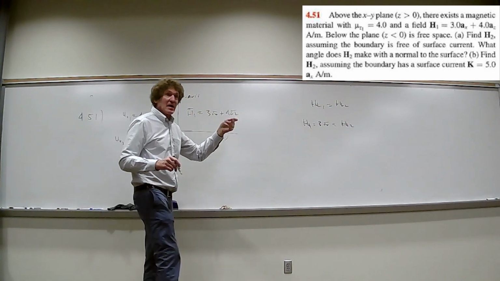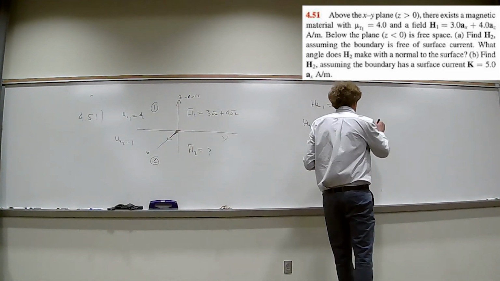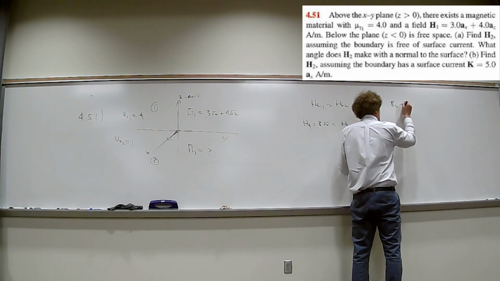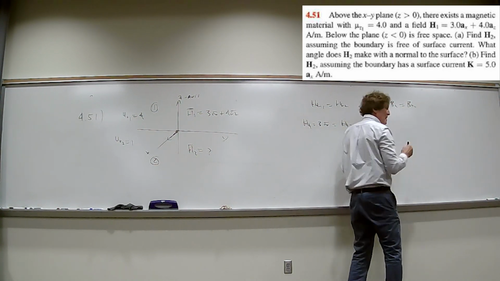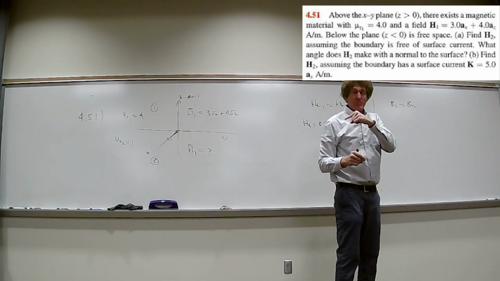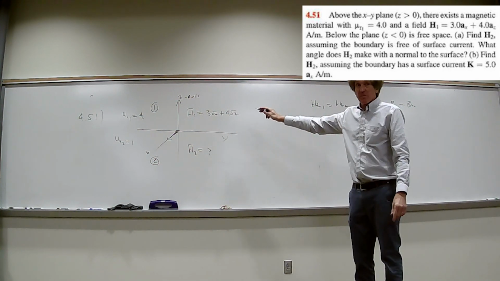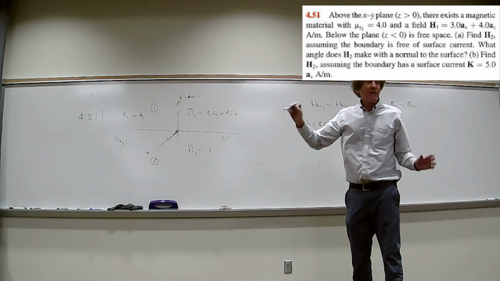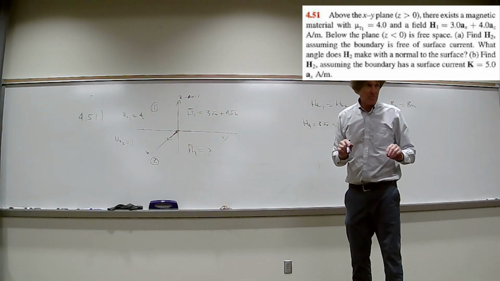All right, now what did I say for the boundary conditions for the normal component? B normal 1 is B normal 2, right? Y'all with me? So what's the normal component in region 1? The B field now. I have to take that and multiply it by mu. Do y'all follow me, class? I have to multiply by mu to get the B field, right?